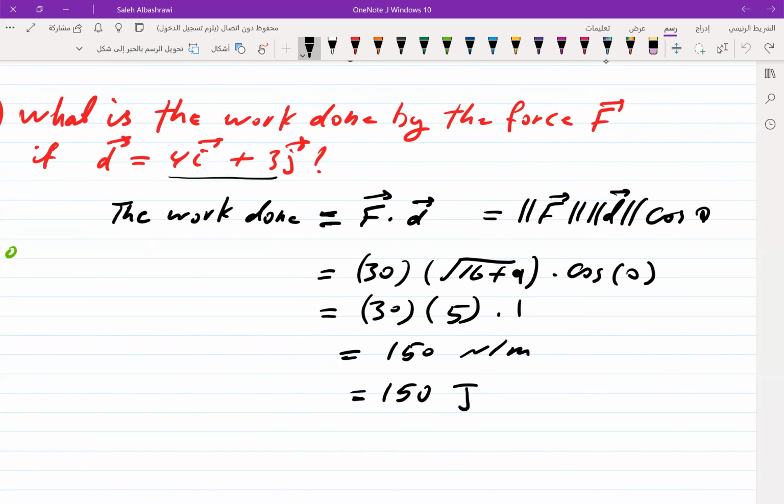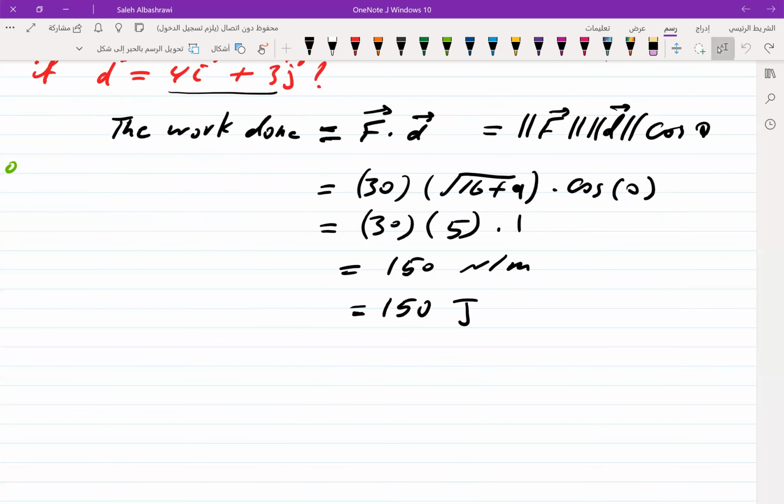So this is one way to find the work done, which is F dot D. Another way is to find the vector F. This will be another way.